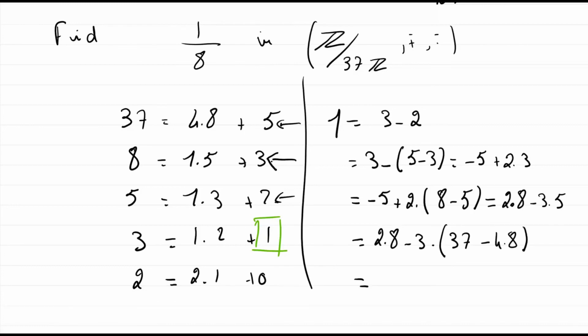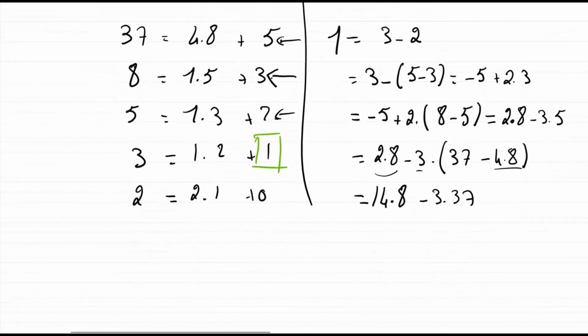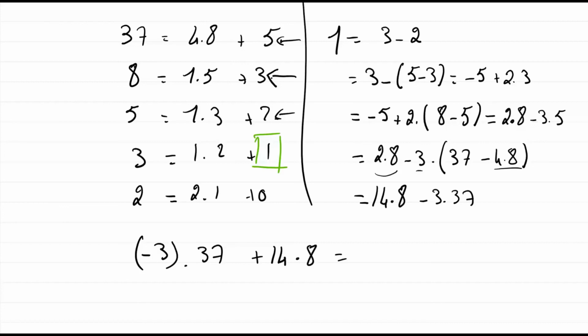So I have now 2 times 8 here, and in the second term I have 12 times 8, so it's 14 times 8 minus 3 times 37. Good. So now the Bezout identity says that negative 3 times 37 plus 14 times 8 equals 1.